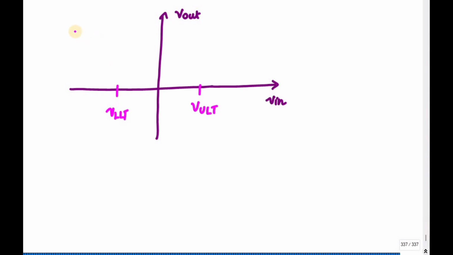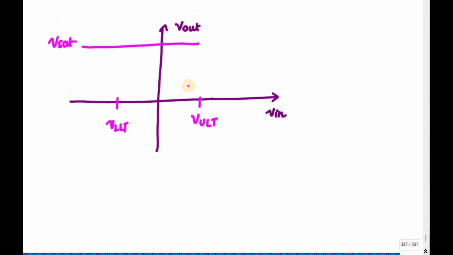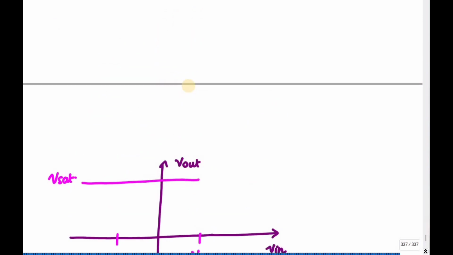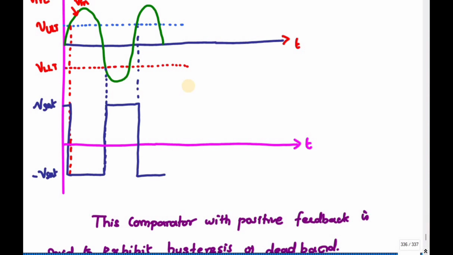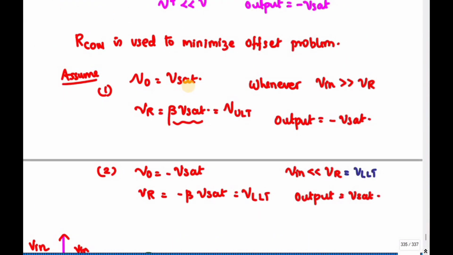Initially I'm considering the output voltage is in Vsat, and I am increasing the Vin value.